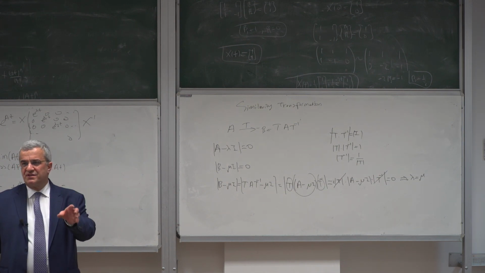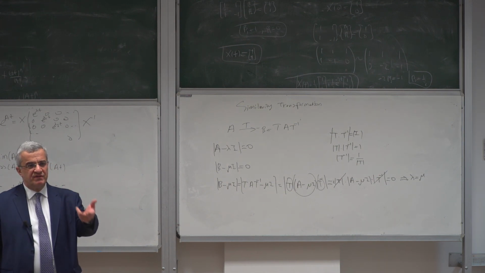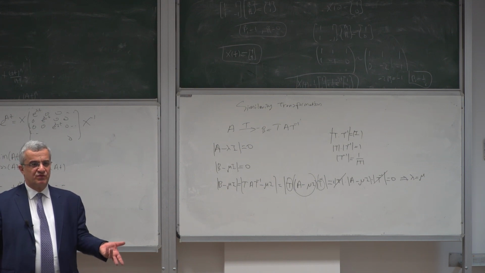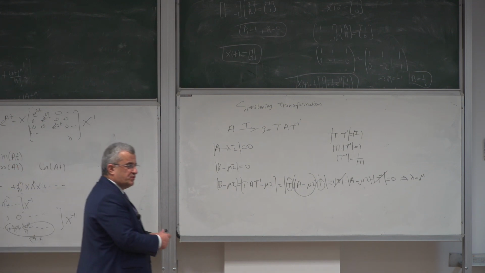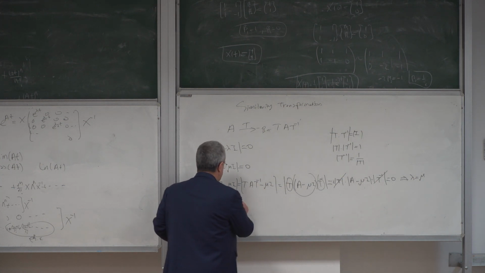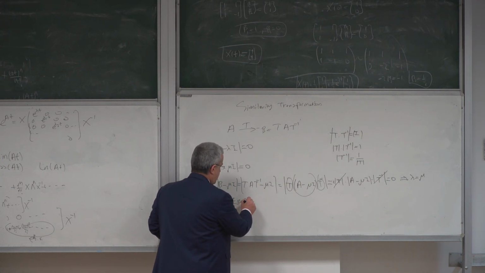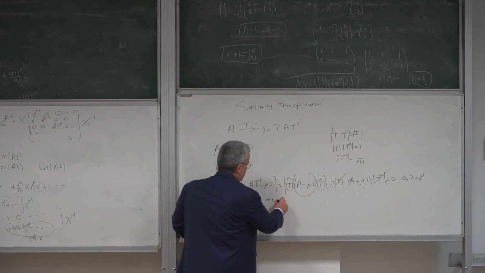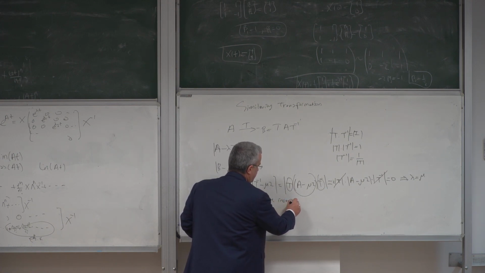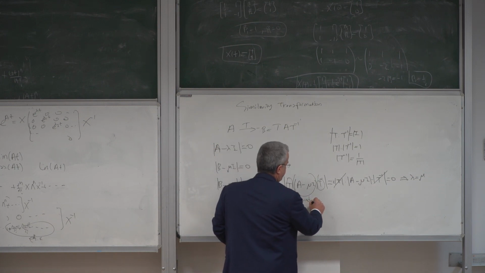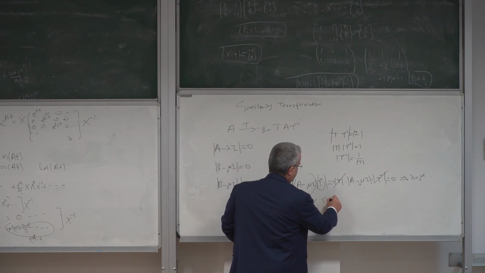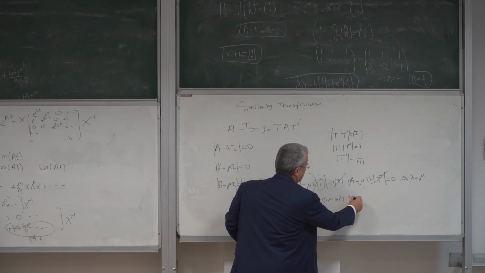Eigenvalues of a matrix do not change when you perform a similarity transformation. Isn't that a beautiful property? So eigenvalues are invariant under similarity transformation.